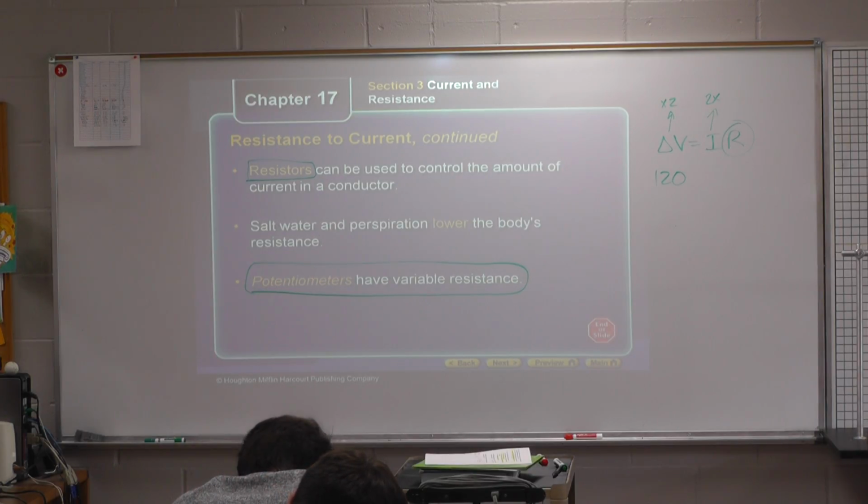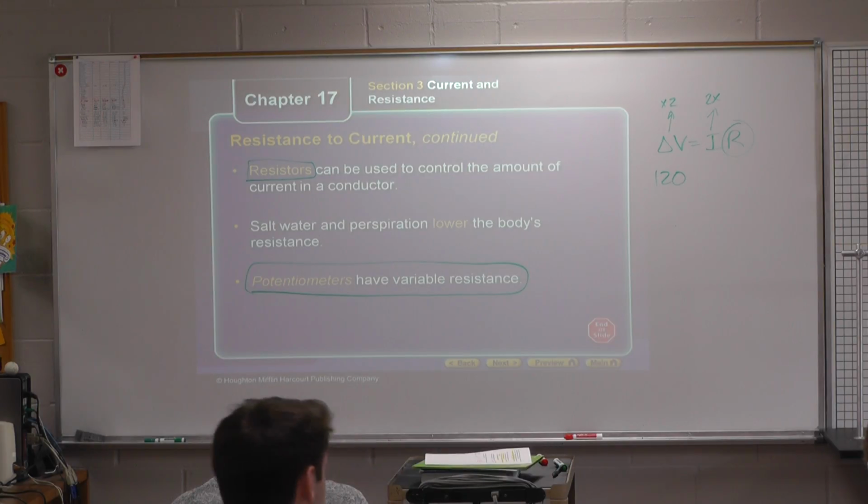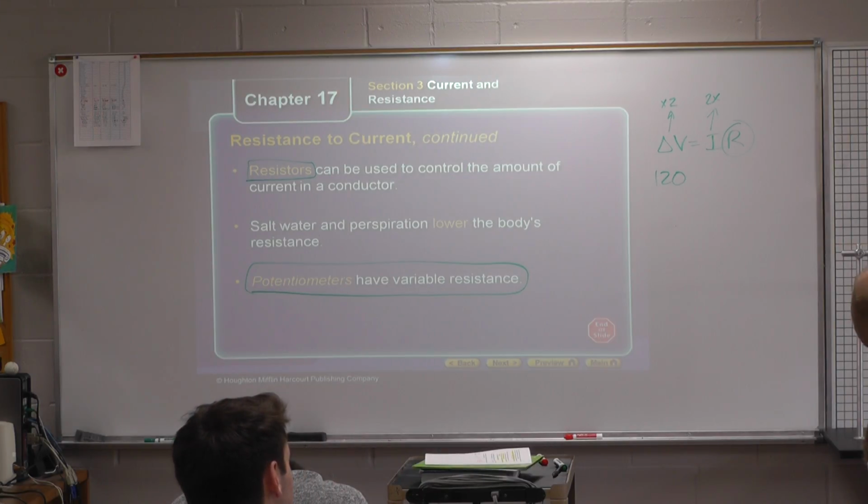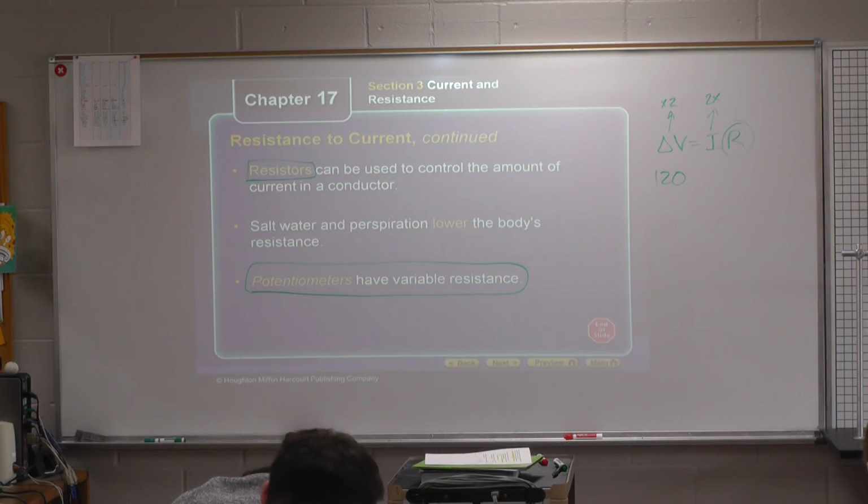Usually, what they do is inside those light switches they have coils of wire, and so when you spin it, it allows electricity to go through either more wire or less wire, which we know if it travels longer, what happens to the resistance? It's more. It's more resistive if you have to travel through more wire.